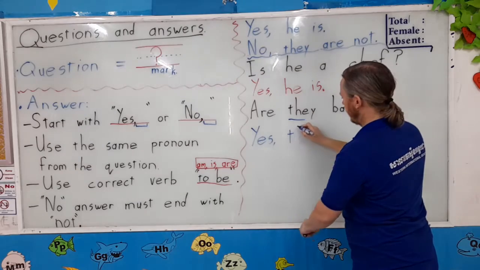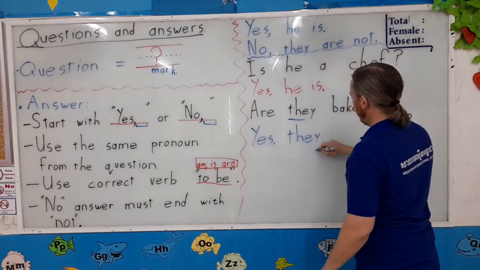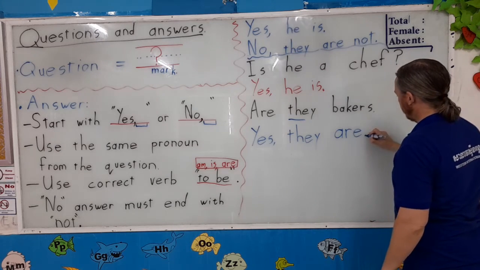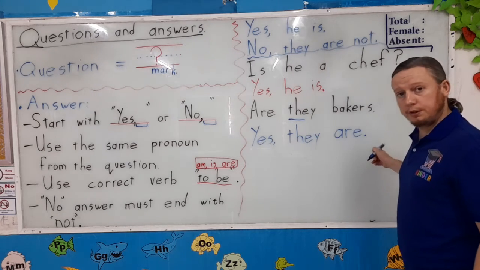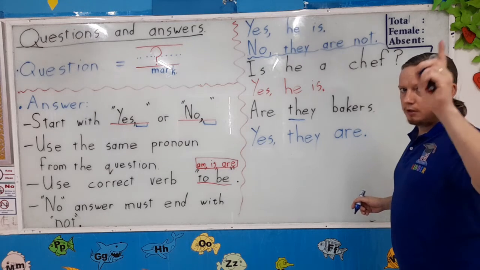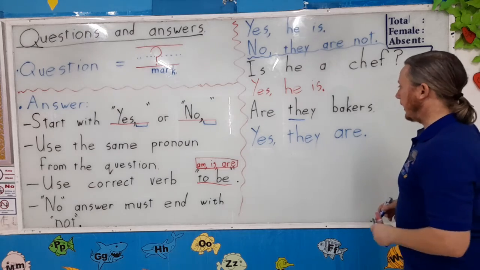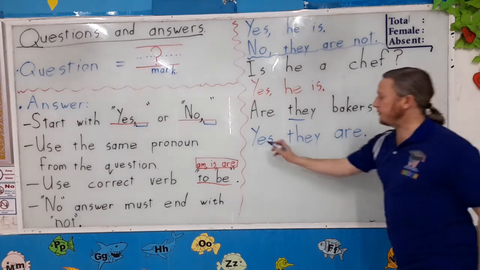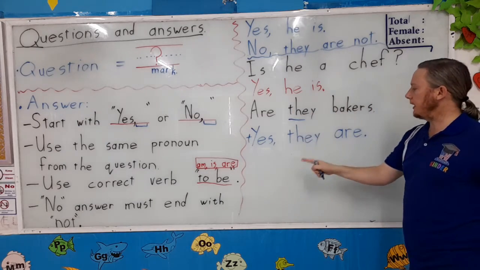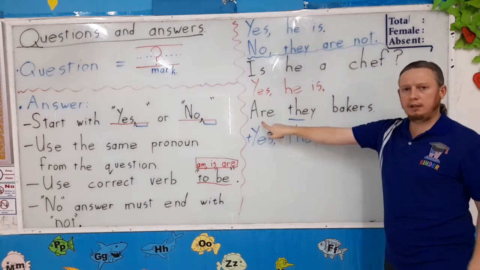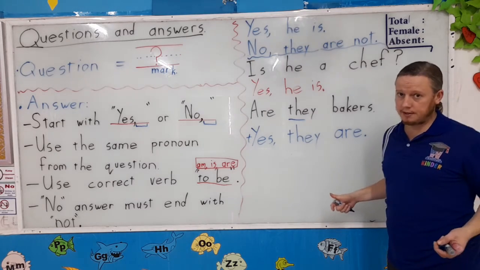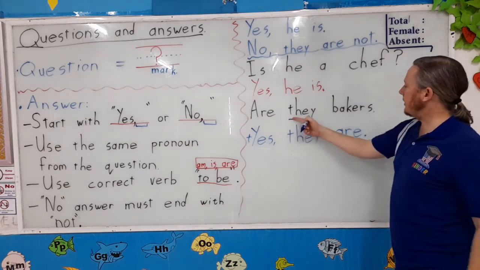Yes, they are. Full stop. Don't forget Mr. Full Stop. We practiced that many times and I don't have to tell you about full stops. Don't forget them. Okay, let's answer the question in the negative. So here's in the positive. Yes, they are. Again, they are. It's in the question. They are. It's in the answer.